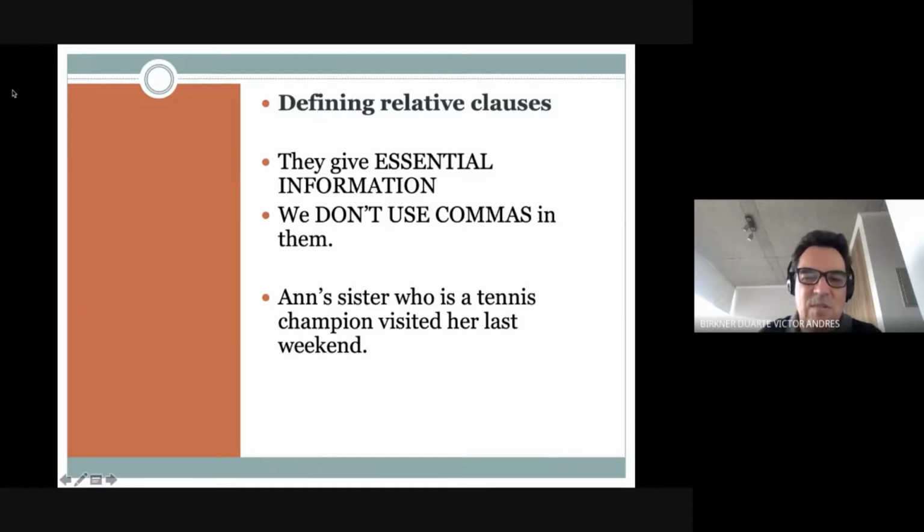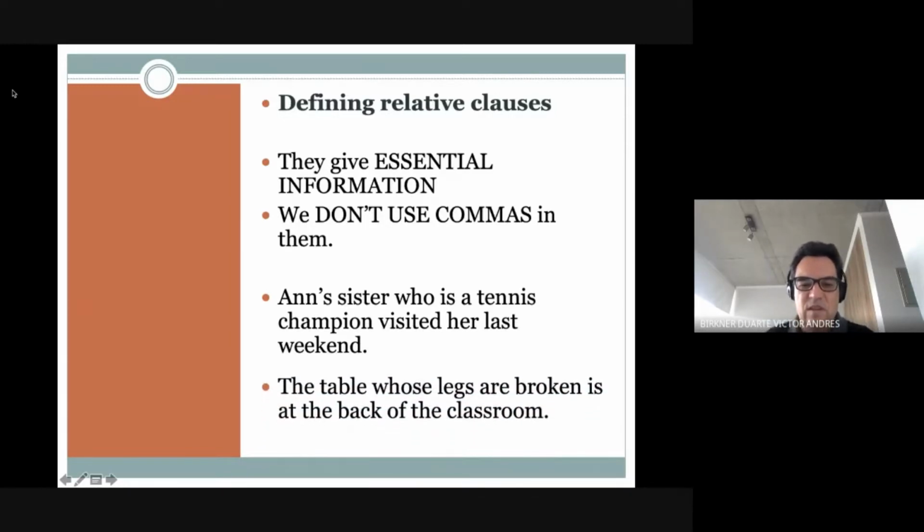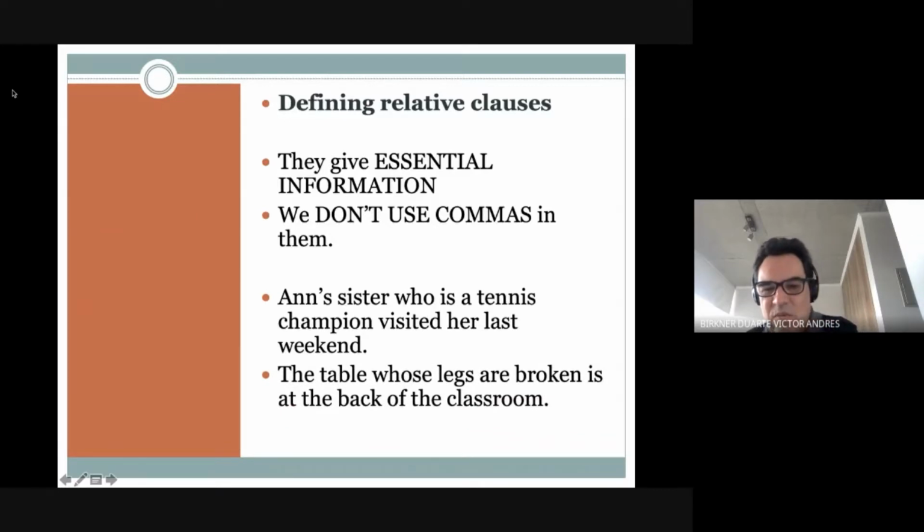It provides information about Anne's sister. It's not an ordinary person, it's a tennis champion, right? So the information is very important, it's critical information. The table whose legs are broken is at the back of the classroom. In this case, it is important to mention that the legs were broken, right?